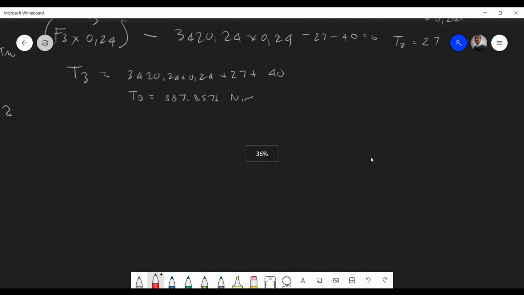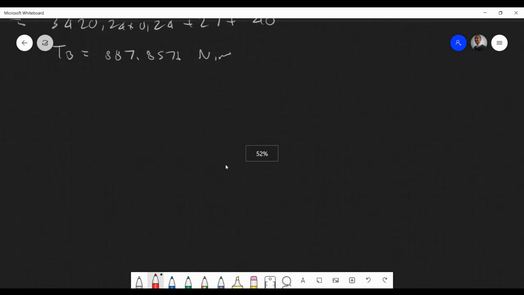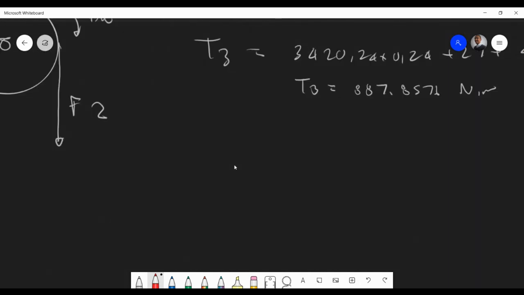Computer's lagging for some reason. So this is T3 that you got now, but this is also T out of the gearbox.